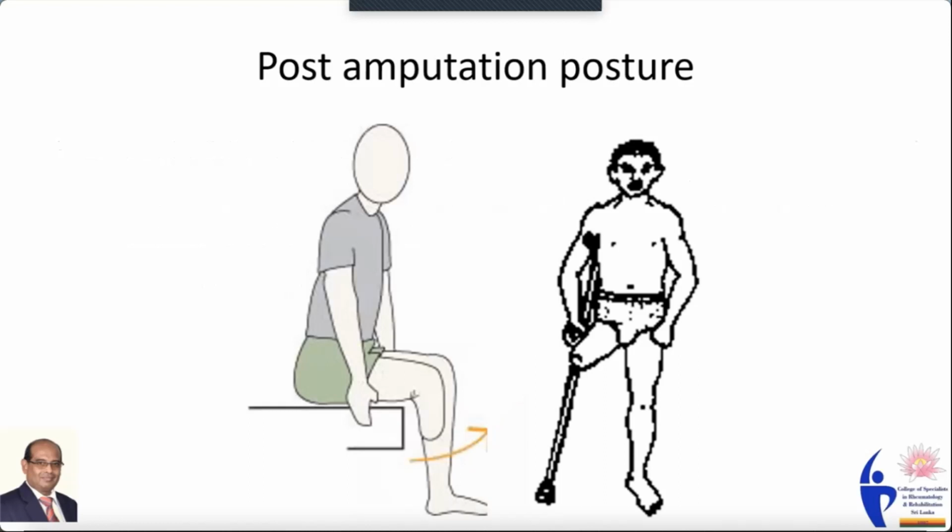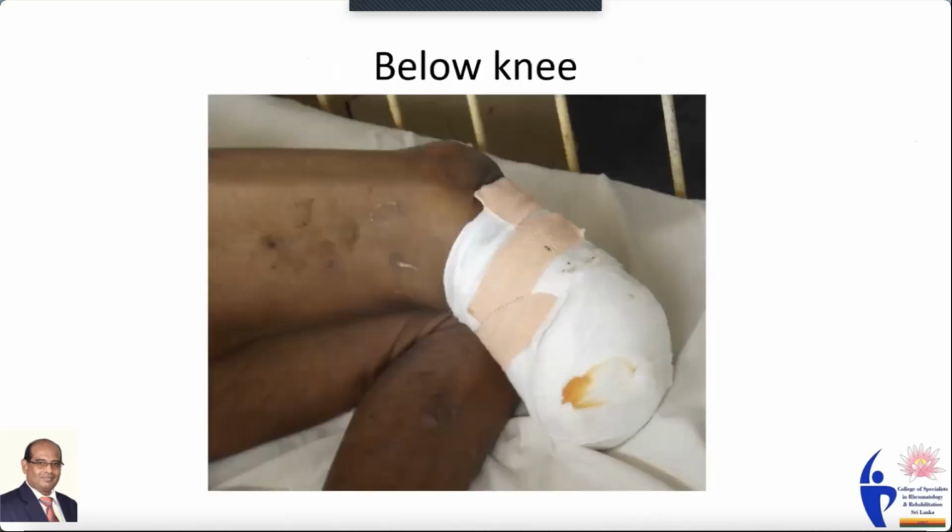These are natural positions adapted because of the imbalance in the muscles, the stronger muscle causing this flexion in the knee, as well as the hip abductions in the above knee. These need to be prevented. If you leave it like this, they will have this contracture, which will prevent them using a prosthesis.